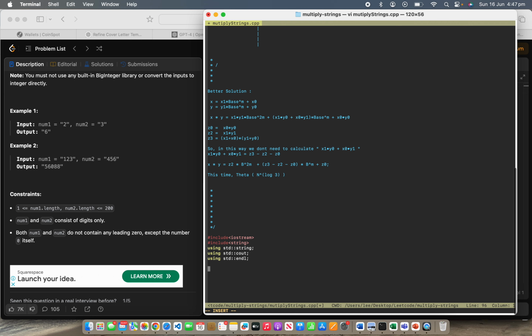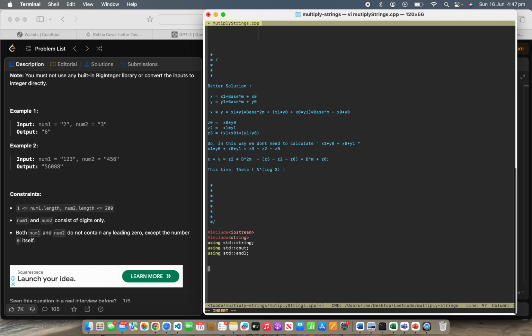So these are the most fundamental things to include. We might add more. So this time we're going to return a string, and we just say basic multiplication. I'll make sure I get this spelling correct. So string number 1 and string number 2.